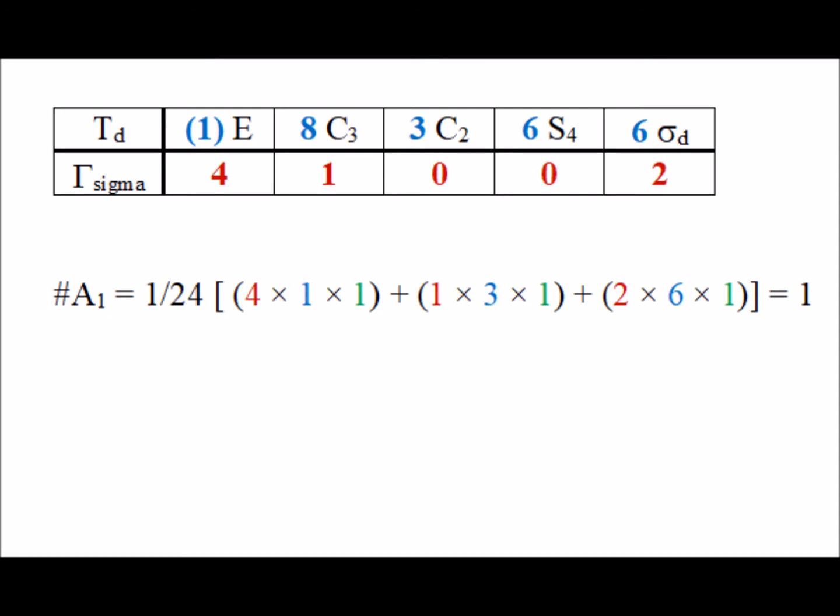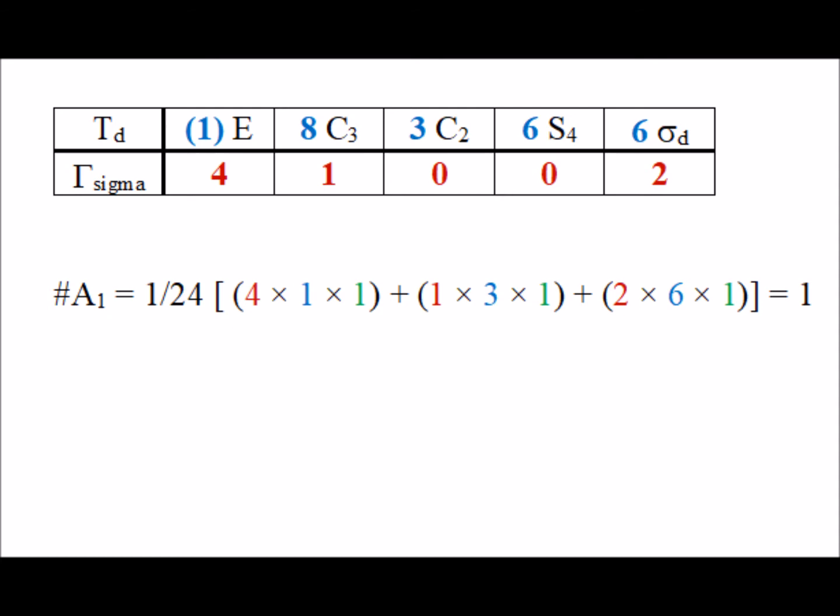Now also notice that when we multiply these together, 4 times 1 times 1, plus 1 times 3 times 1, plus 2 times 6 times 1, inside the braces we get 24, so 1 over 24 times 24 equals 1. This tells us that there is one A1 irreducible representation included as a linear combination in gamma sigma, which is a reducible representation.